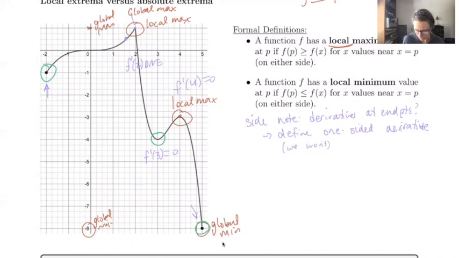We won't bother with this. But in theory, you could define a one-sided derivative. And then you just say, well, it looks like it probably has that tangent slope. We basically won't worry about the derivative at an endpoint. Okay. But yeah, so that's a side note on derivatives at endpoints. You can talk about a one-sided derivative. We're going to skip that.